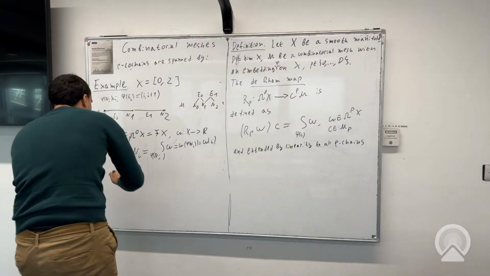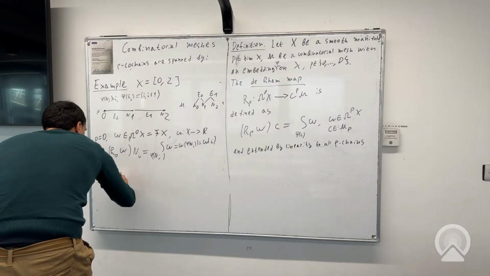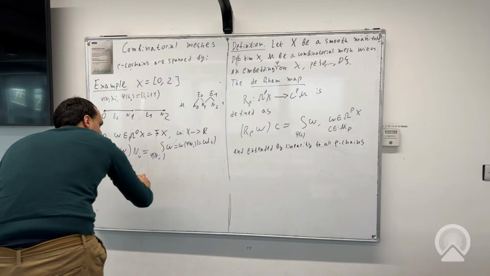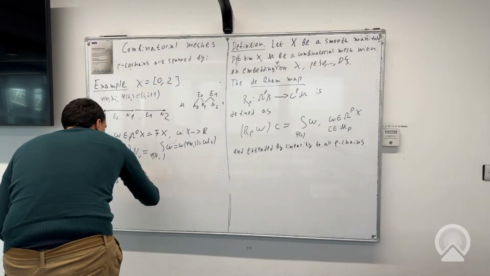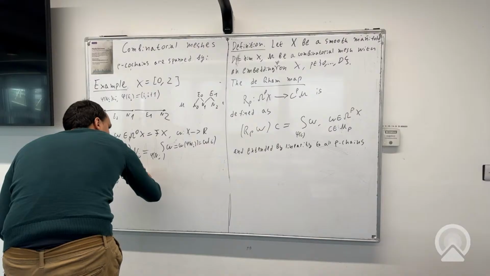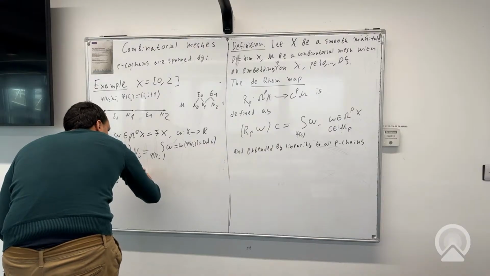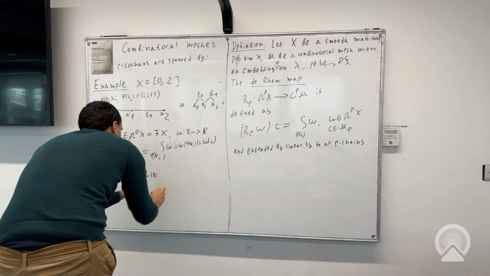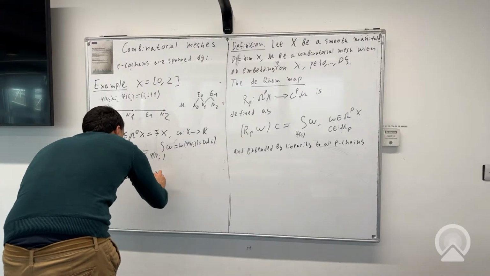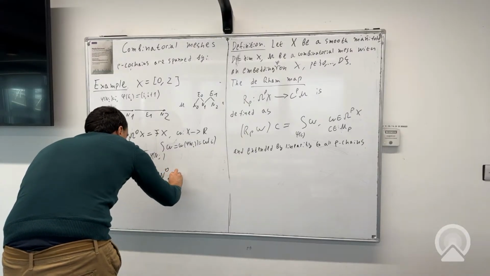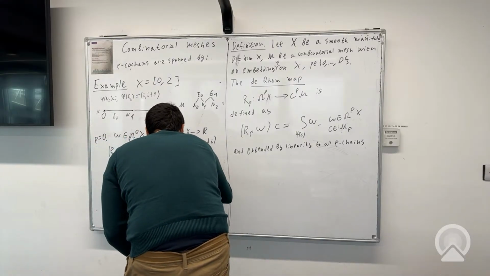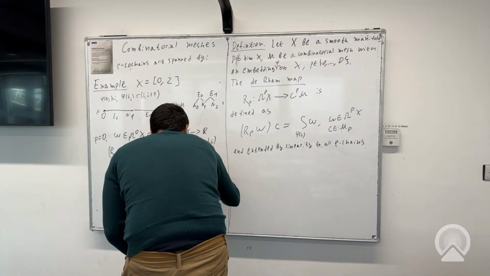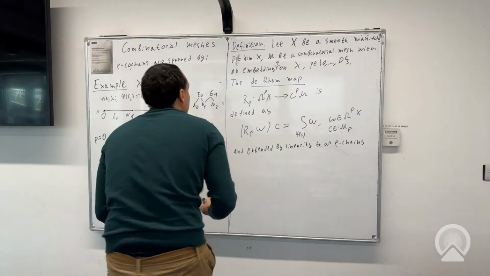So we can write R^0 omega as omega of 0 times n^0 plus omega of 1 times n^1 plus omega of 2 times n^2.